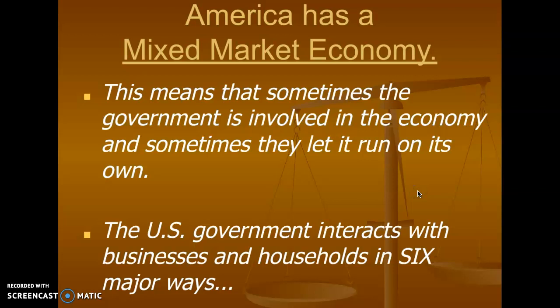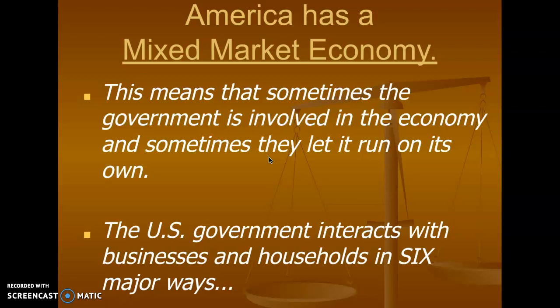America has a mixed market economy. This means that sometimes the government is involved in the economy and sometimes they let the economy run on its own. For instance, the government has some rules for how a business might build a house. Say you own a construction company. That construction company can build a house in almost whatever layout it wants.